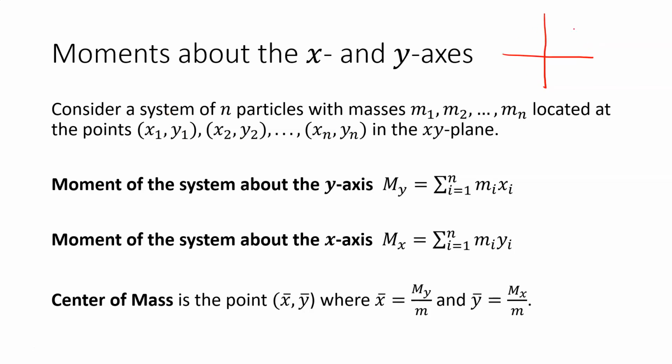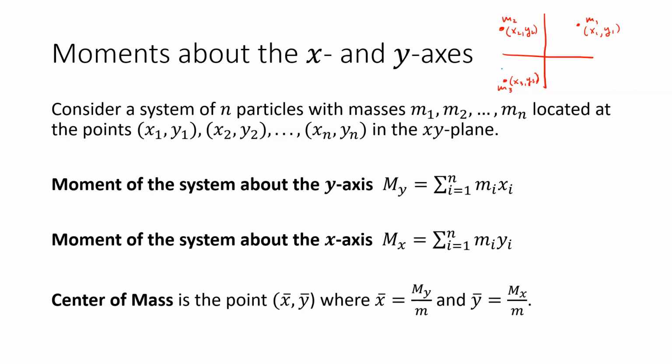To visualize here, we've got some point m1 located at the coordinates x1, y1, some other point m2 at the coordinates x2, y2, and so on. Maybe you've got a third mass m3 at the coordinates x3, y3, and so on. So we're looking at a collection of these masses in the xy plane with these coordinates given.